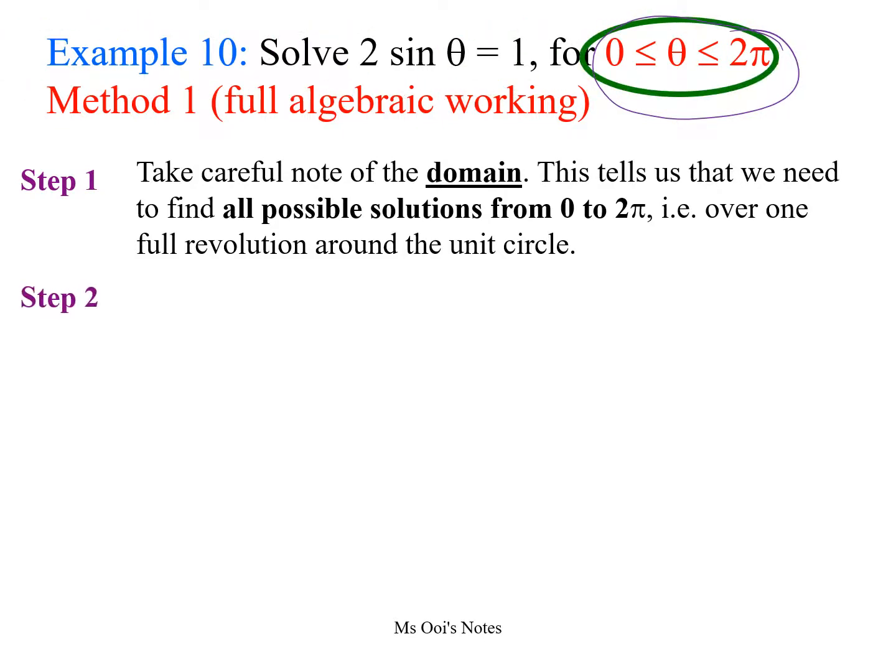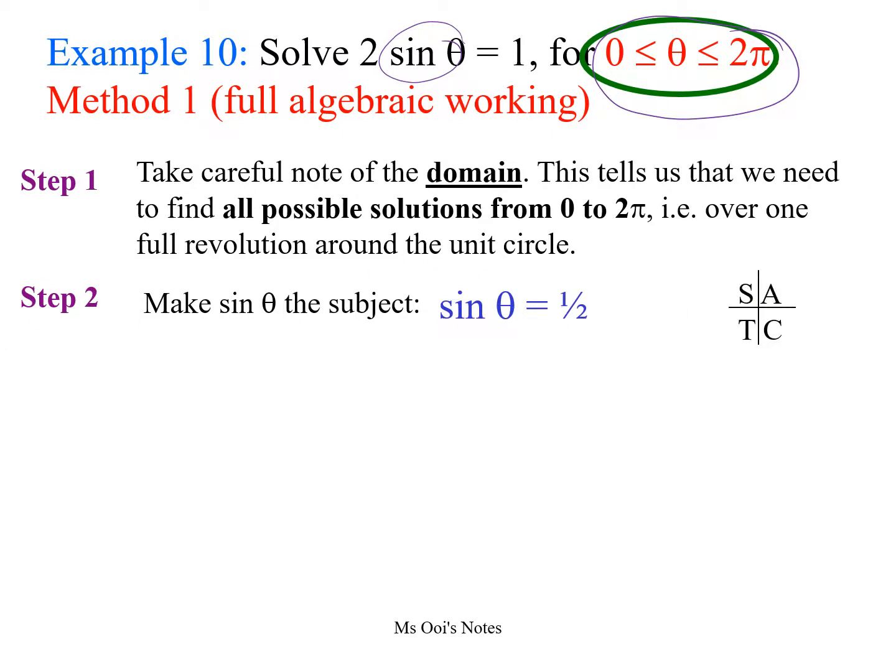Step 2, make sine theta the subject. So our aim is to make sine theta the subject. So you isolate and make sine theta on its own and make use of ASTC: all signs positive, sine positive, tangent positive in the third quadrant, and cosine positive in the fourth quadrant.